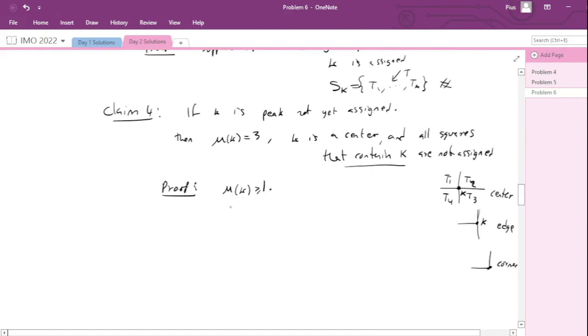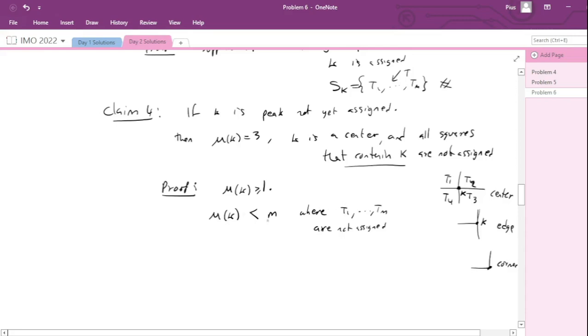Okay, and also we must have that the accumulation is going to be less than M, where M is the number of T1 up to Tm that are not assigned, and these are the squares that have K as a peak.